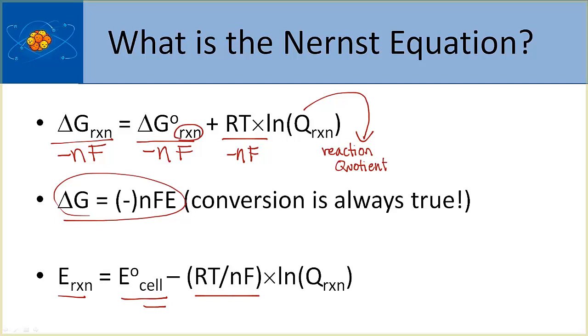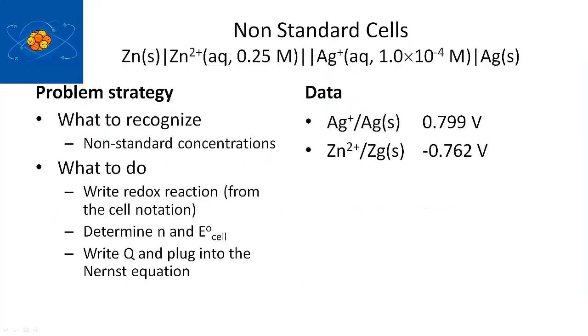We're talking about a cell reaction. That is, we take one half cell and another half cell. We're taking one half reaction and another half reaction to produce a full reaction. It's the same thing as delta G of reaction. You could call it delta G of the cell as well.